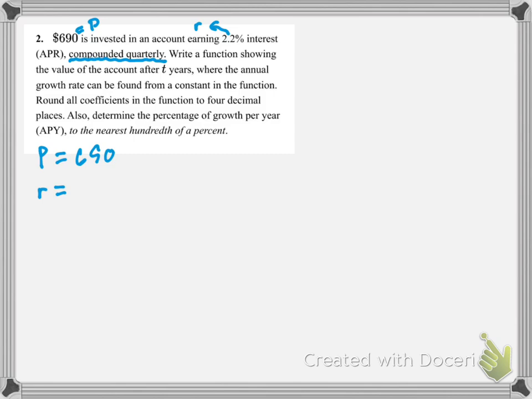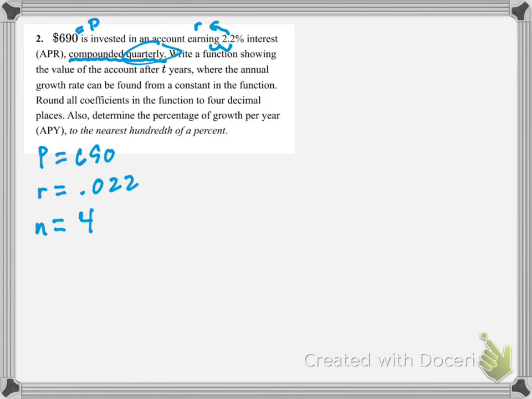So it should be 0.022. Okay, if you take the 2 and move it twice, 0.022. N. Now N, quarterly. So how many quarters are in a dollar? How many quarters are in a game? 4. So compounded quarterly means N equals 4.